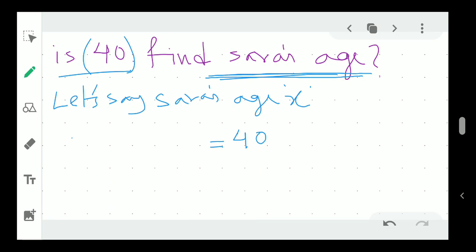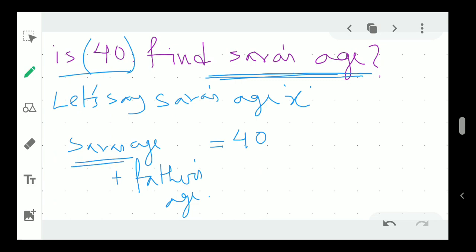Total age means Sarah's age plus her father's age. Now these two expressions we have to find out, Sarah's age and father's age. What is the expression for Sarah's age? Sarah's age is X plus her father's age.